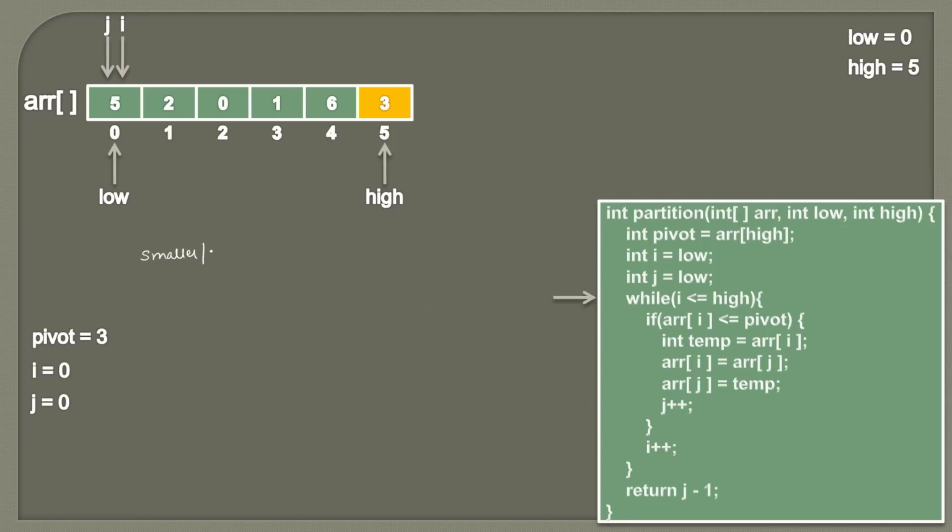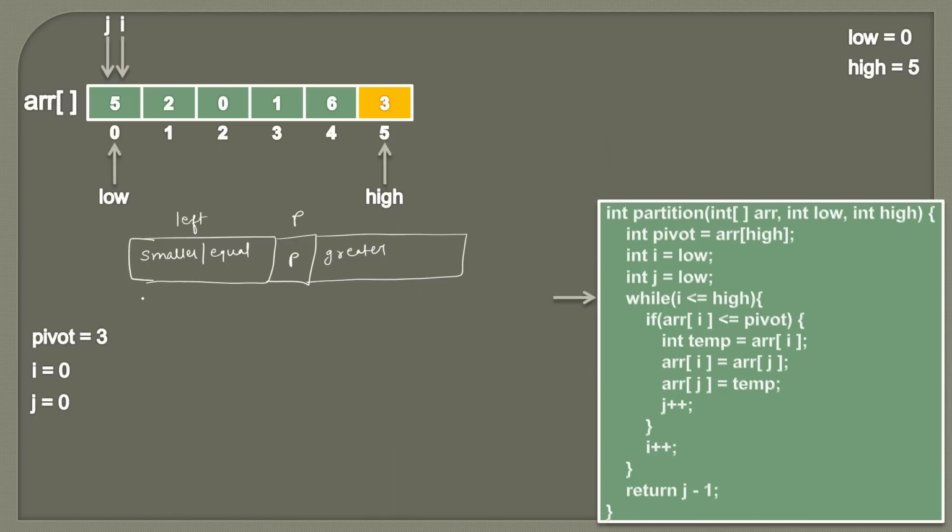Smaller and equal elements to pivot are on the left side. Then we have the pivot, and then we have the elements greater than pivot.